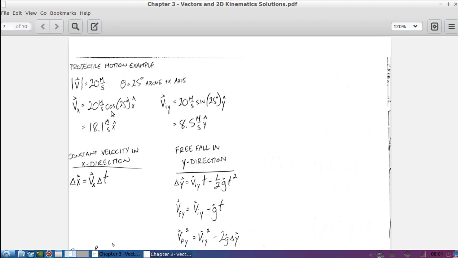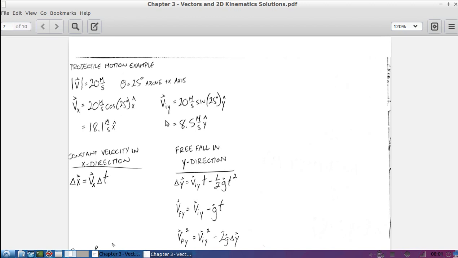So I need the x component of the initial velocity and the y component of the initial velocity. So v times cosine theta: in the x direction, I get 18.1 meters per second. In the y direction, v sine theta, I get 8.5 meters per second. Both components are positive. I'm being launched above the positive x-axis.